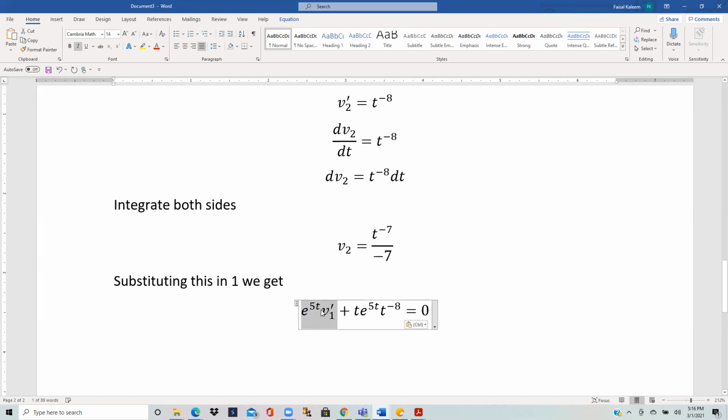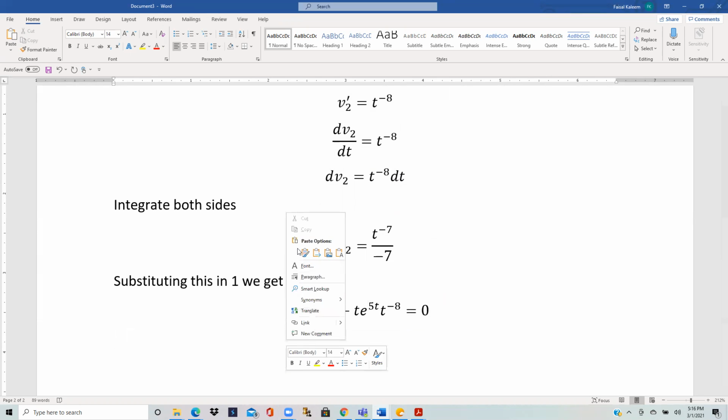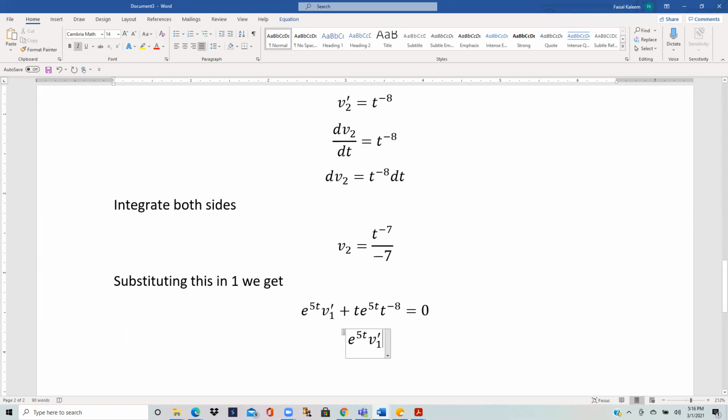So we will first keep this one on the left because that has the unknown in it. So you keep this one on the left and you take the other term on the right, so it becomes a negative.